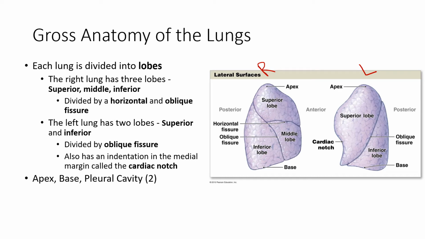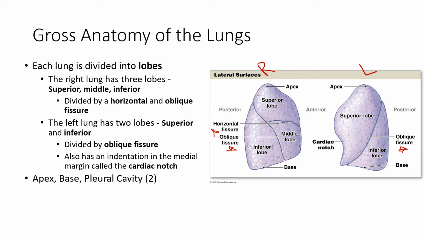Now do make a note of these fissures as well. The right lung is going to have 2 fissures, while the left lung only has 1. They both have an oblique fissure. The right lung is going to contain a horizontal fissure.